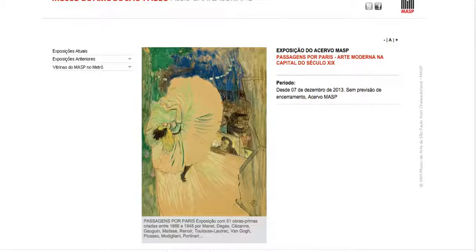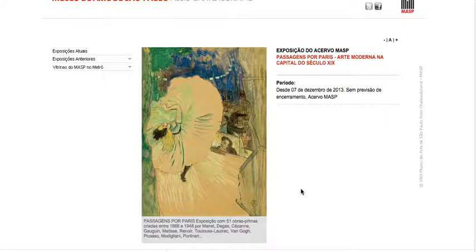For example, here I have a page of the museum, the web page, and here we have an exhibition that started on December 7th, and the exhibition is about some Paris artists from the 19th century.